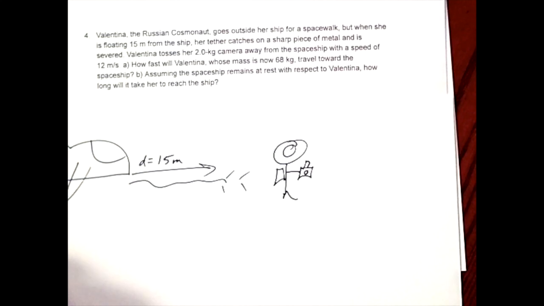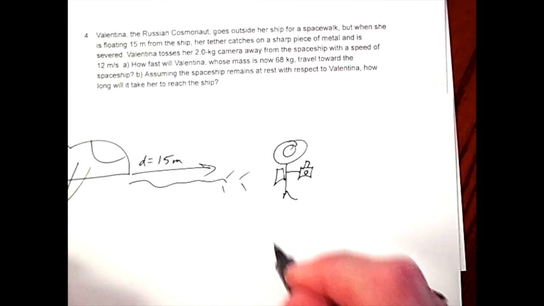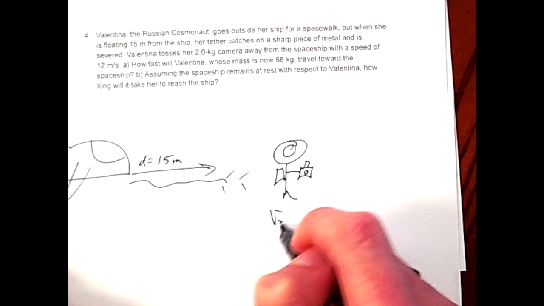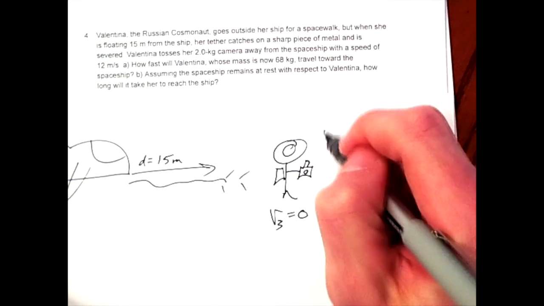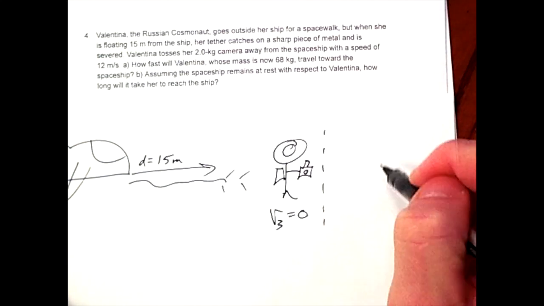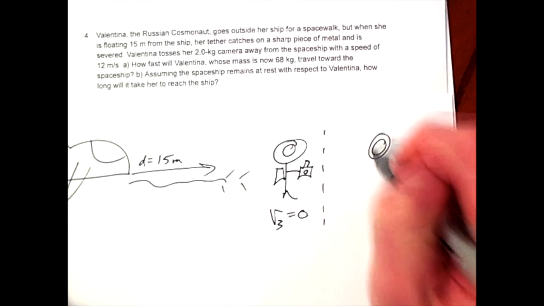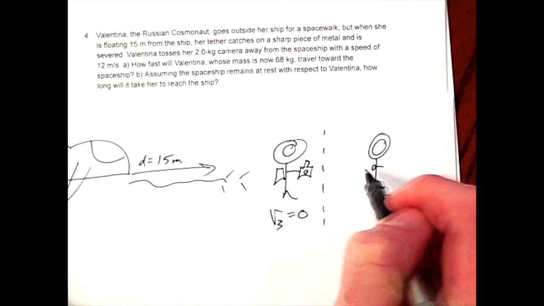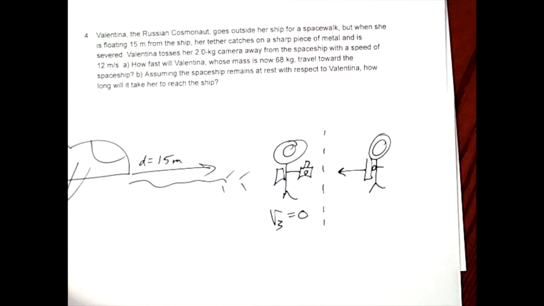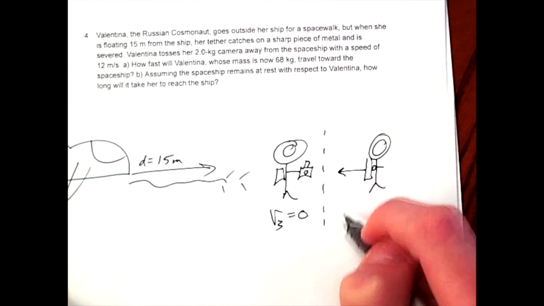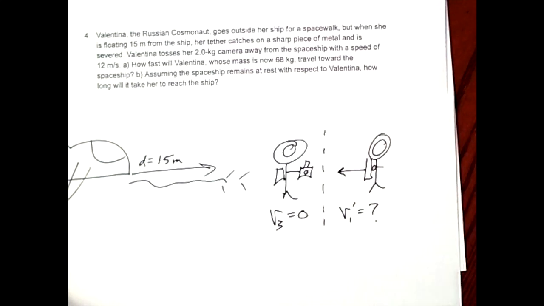Clearly. Obviously. All right, before anything happens, though, I'm calling her V3 because it's two objects stuck together. How fast are they moving? They are not. She is literally stuck in space. So then afterwards, we expect that she will hopefully be going this way. Her head looks like an olive. That's the speed we're trying to find, V1 prime.